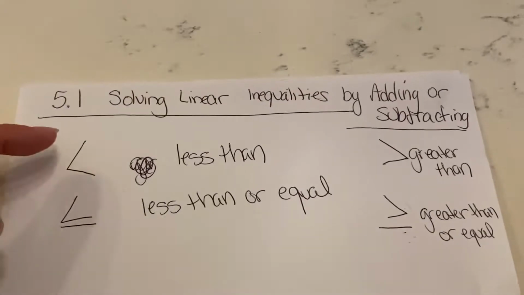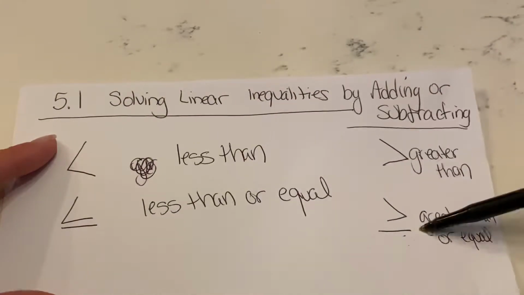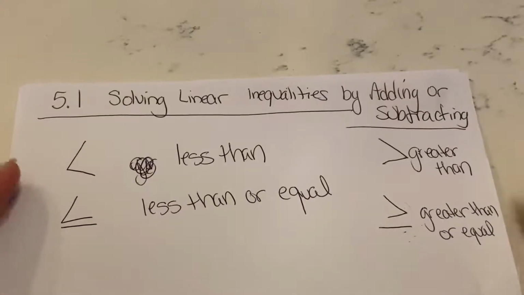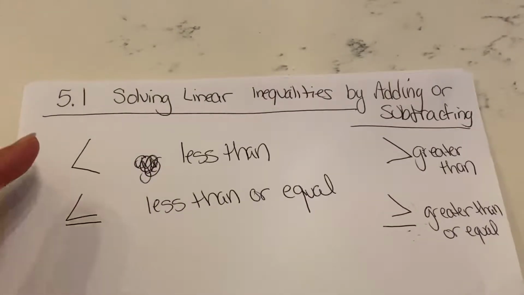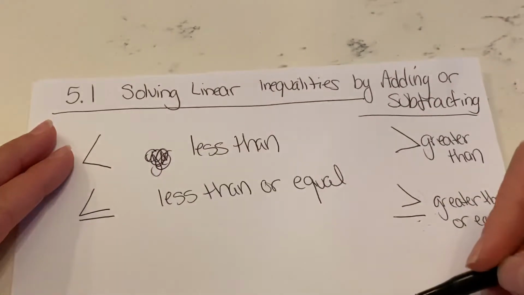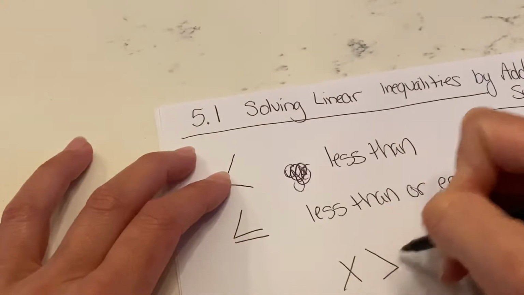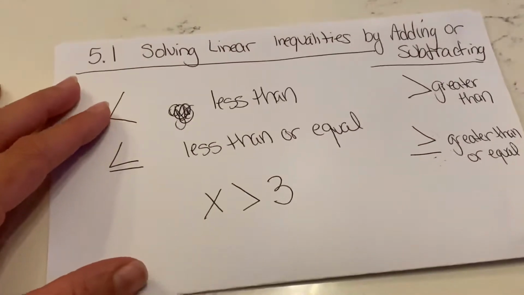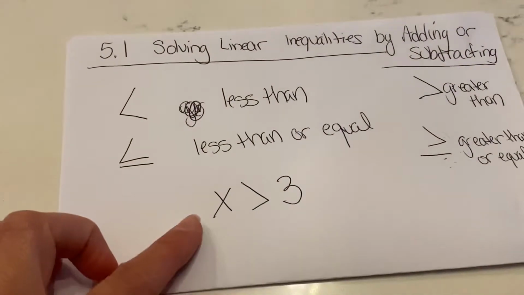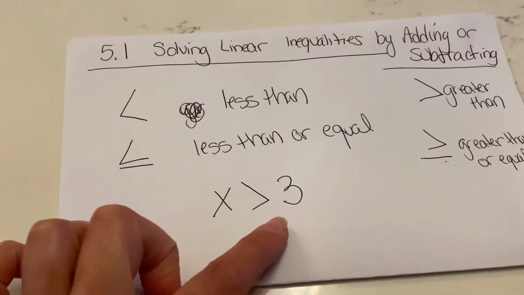So in stating our inequality symbols, you have to know which circle will go with which one. For example, if I say x is greater than 3, this represents any number that is greater than 3. So is 3 included?